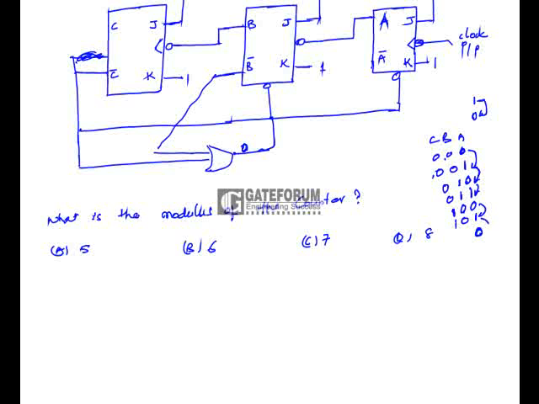As the transition is from 1 to 0, the second flip-flop's next state would be the complement of the previous state, so it will become 1, and it is from 0 to 1, so the third flip-flop will not change the state, so it will become 1 only.